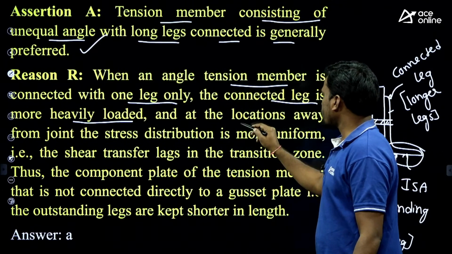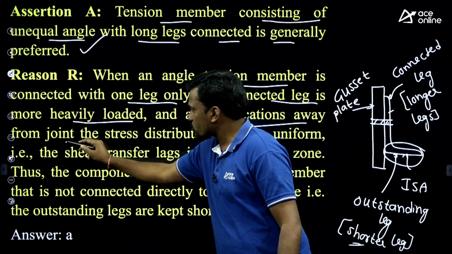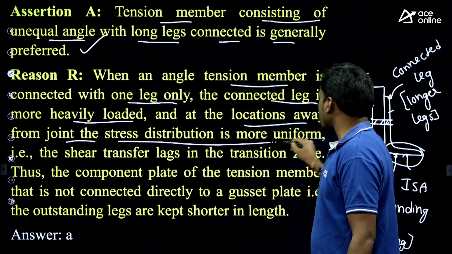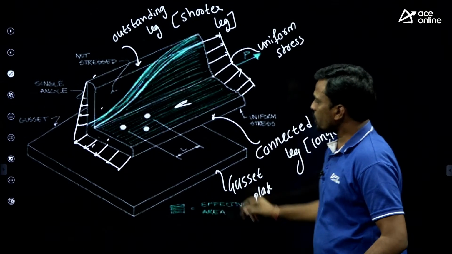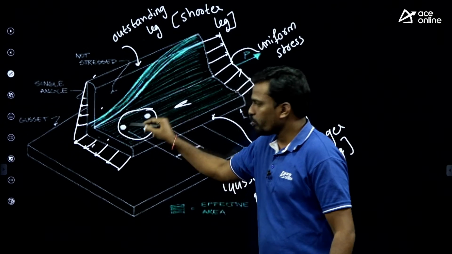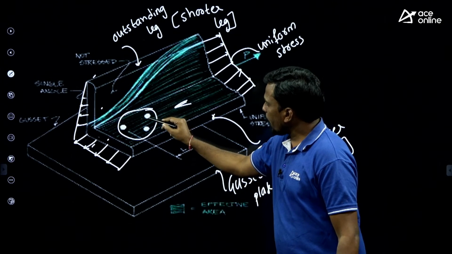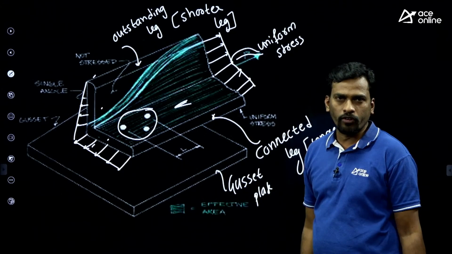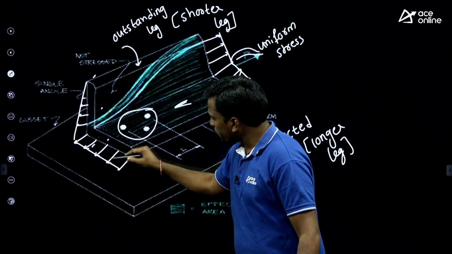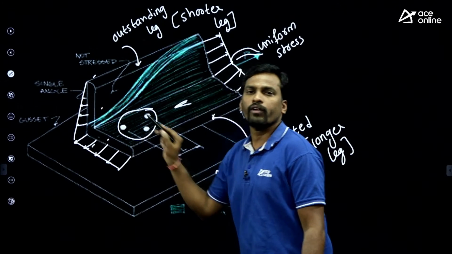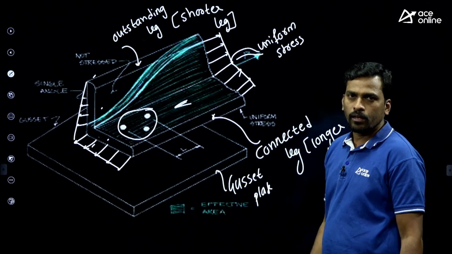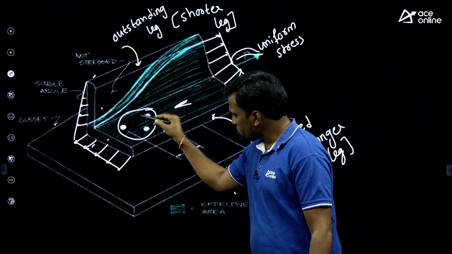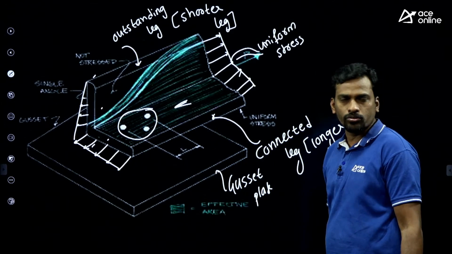And at a location away from the joint, stress distribution is more uniform. Yes, students, this is the joint, the bolted connection. Away from the joint, stress distribution is uniform, but at or near the joint, stress is non-uniform. It means there is a reduction in strength at or near the joint.